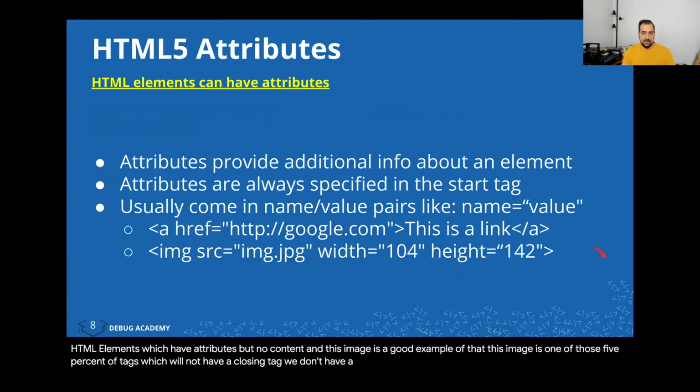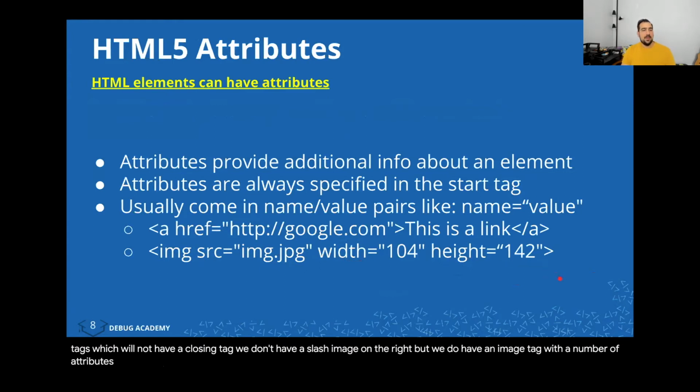We don't have a /image on the right, but we do have an image tag with a number of attributes. And finally, you could have both. The A is the anchor element, which has a key value pair, an attribute, and it also has content.